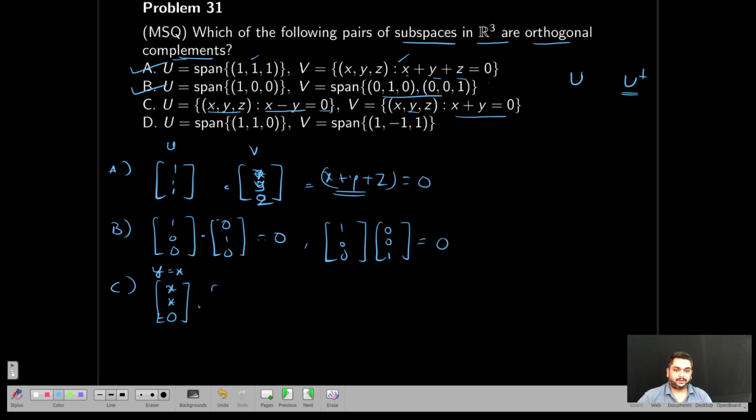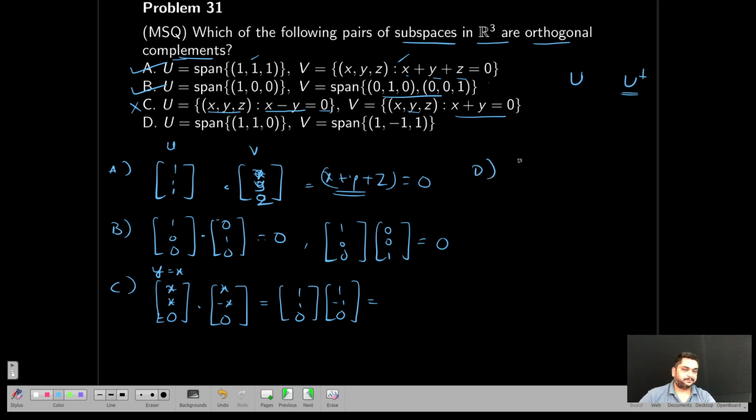This should be x, minus x, because y equals minus x here, and then 0. So let us take 1, 1, 0. Then 1, minus 1, 0. Let x equal to 1. How will we find it now? 1 into 1 is 1, so it is not 0. The dot product is not 0. So this is not an orthogonal complement.